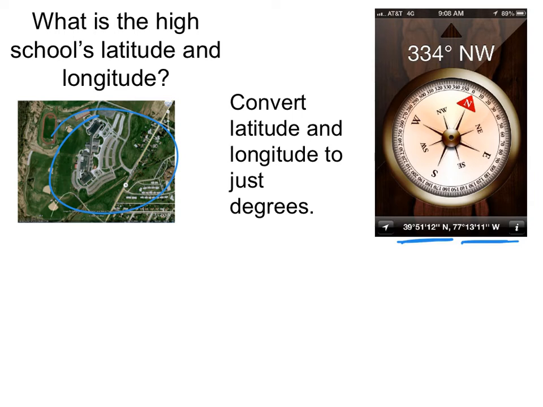So let's convert one of them. Let's say we're going to convert our latitude. So 39 degrees, 51 minutes, and 12 seconds. Well, there's 12 seconds in a minute, so I have 39 degrees, 51 minutes, and then to that 51 minutes, I can add 12/60ths to get my total number of minutes.